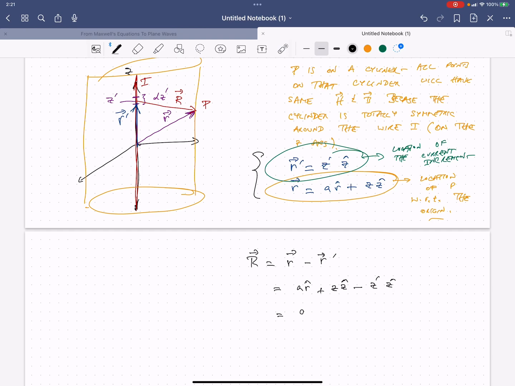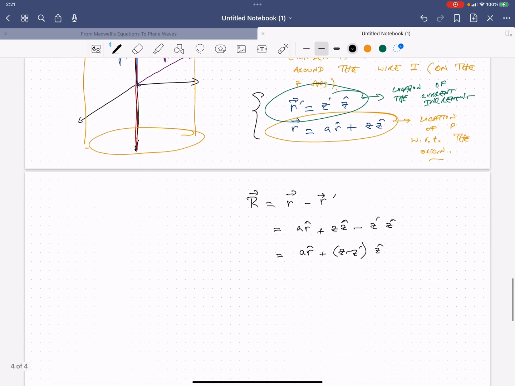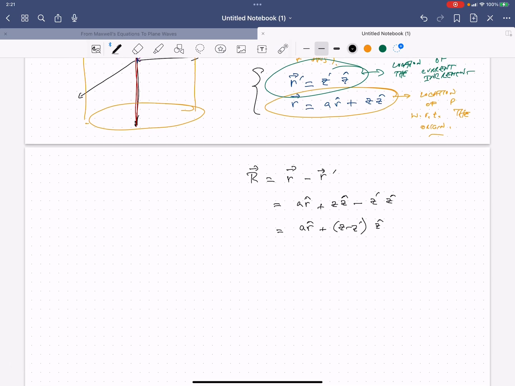So this is equal to a r hat plus z minus z prime z hat. So that's r from that chunk of current.